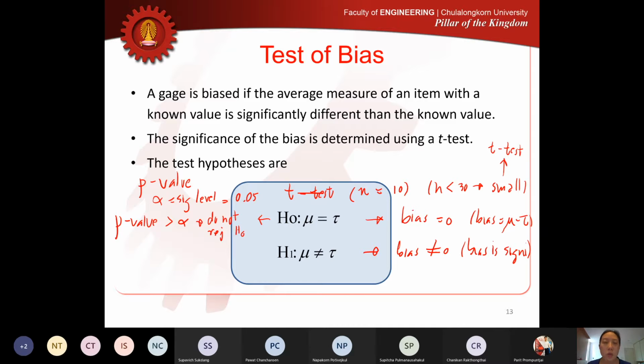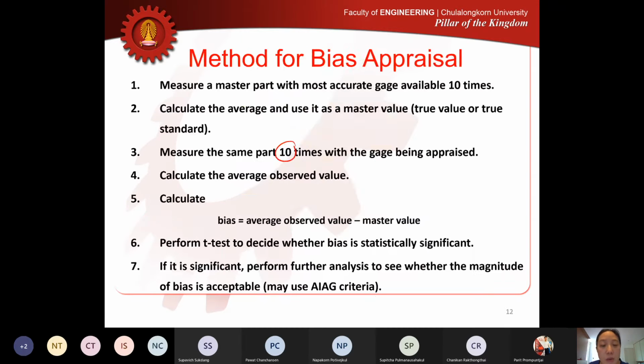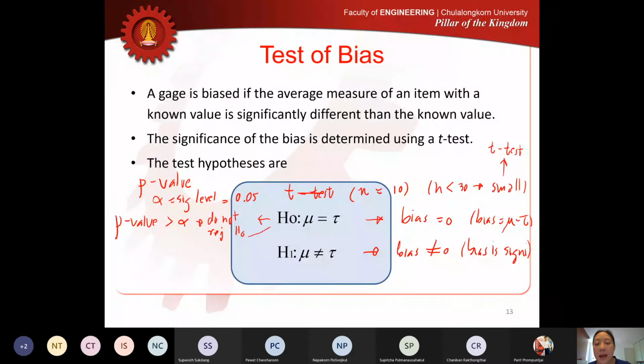When we do not reject H0, that means we believe in H0, that the bias is not significant.